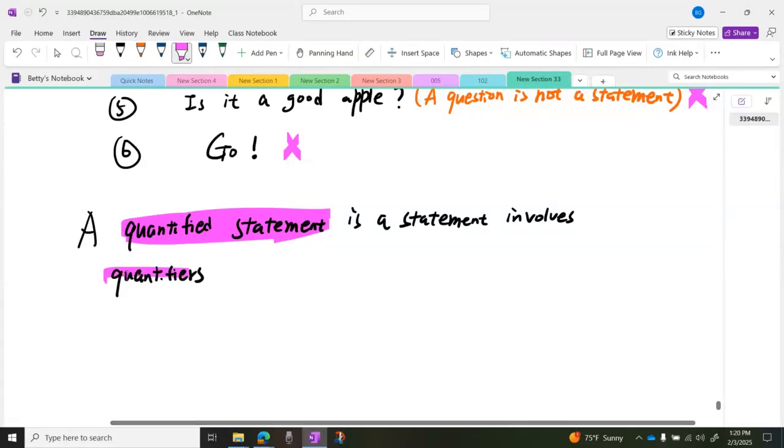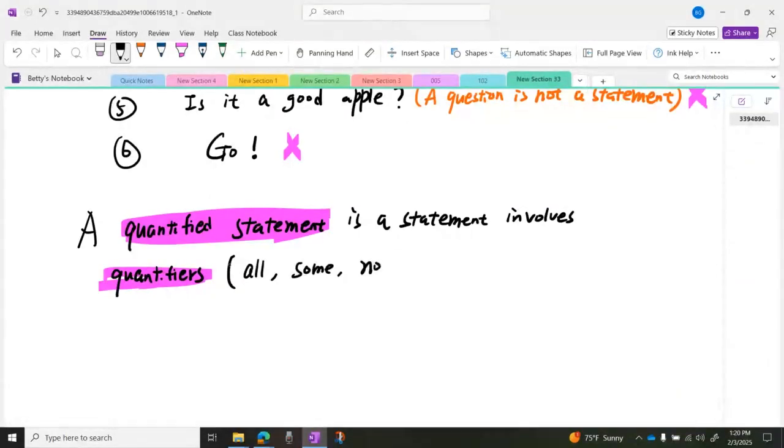This is also new. What are quantifiers? Quantifiers are words like all, some, none, or no. We call those words quantifiers.